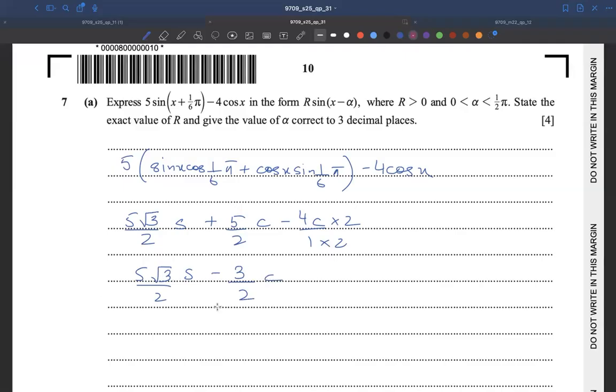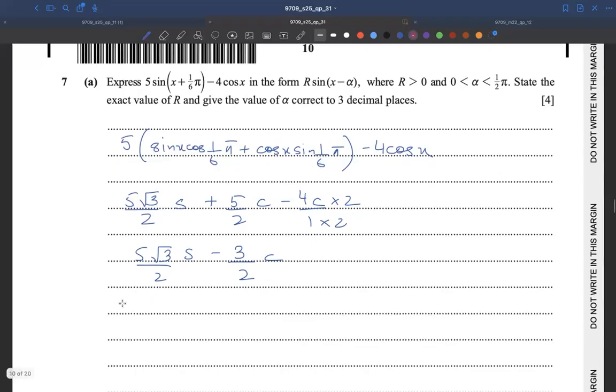Now, once we have our expression in this form, we know we can find r, which is equal to the square root of a squared plus b squared. So if we have a sine of x plus b cos of x, r is equal to the square root of a square plus b square.